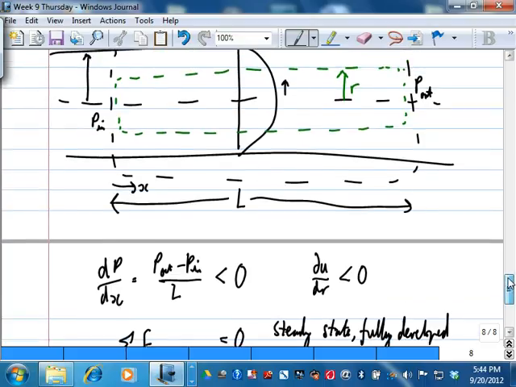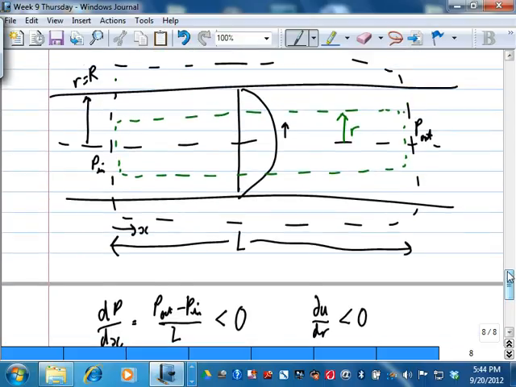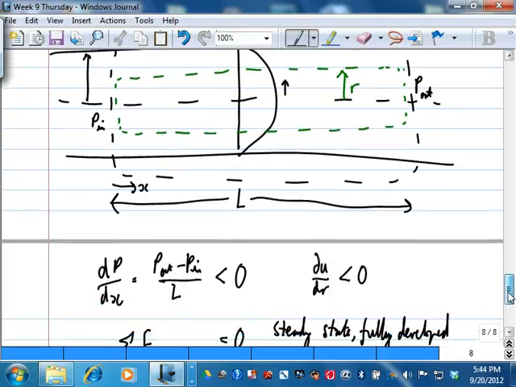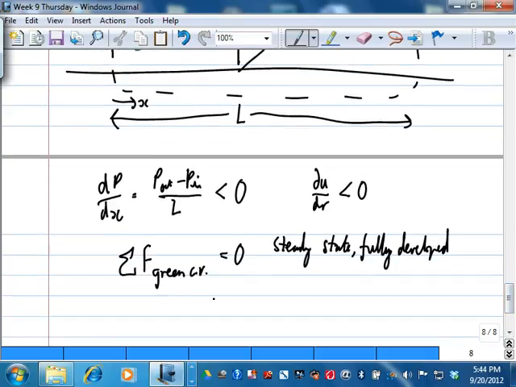At some stage it will be fully developed and the profile is not going to change anymore, far away from the entry, far away from the elbows. Later we will talk about when it's not fully developed, but for now let's talk about fully developed first. So this is equal to P in times pi r squared minus P out times pi r squared.